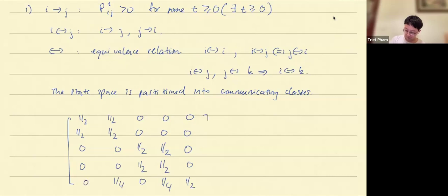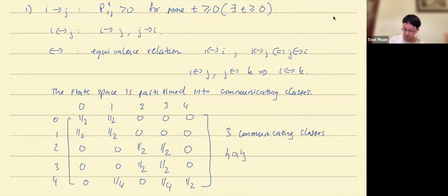Okay. So here we have three communicating classes: zero, one, two, three, and then four.